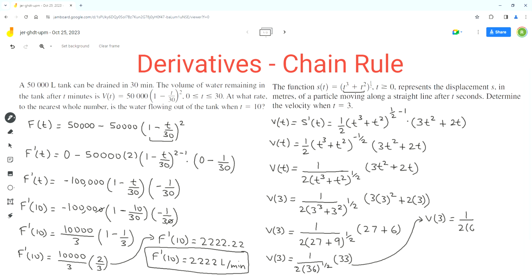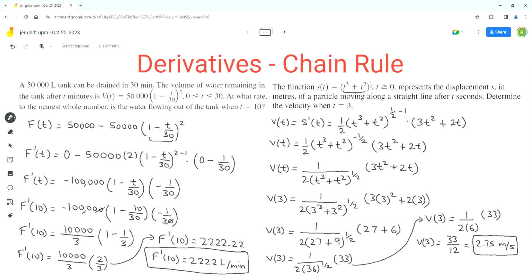So 2 times 6 and then times 33, which can be reduced to v at 3 equals 33 over 12, which is equal to 2.75. And the unit will be meters per second, because the displacement is given in meters and the time is in seconds.